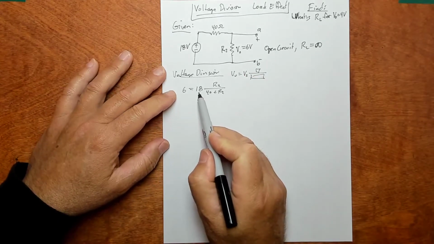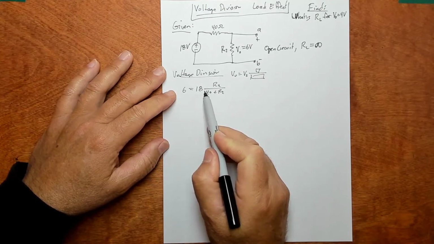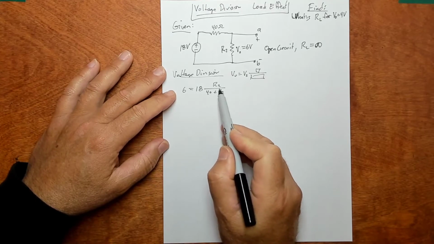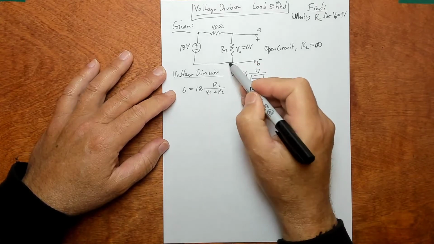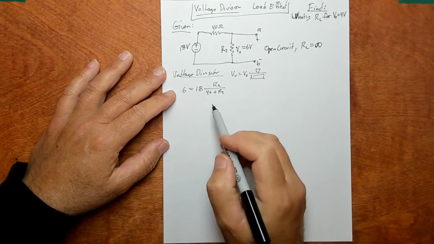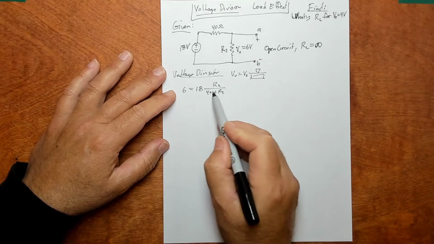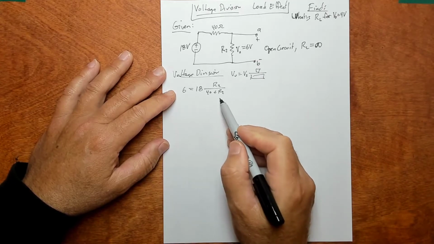I'm just applying voltage division, but the unknown here is R2.